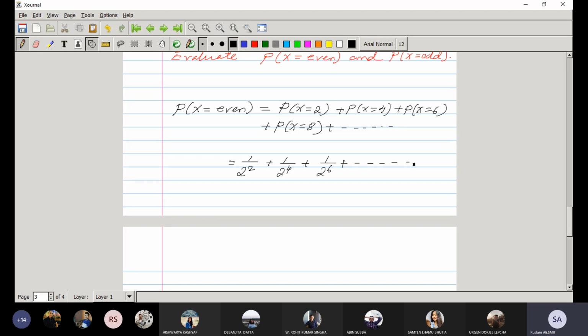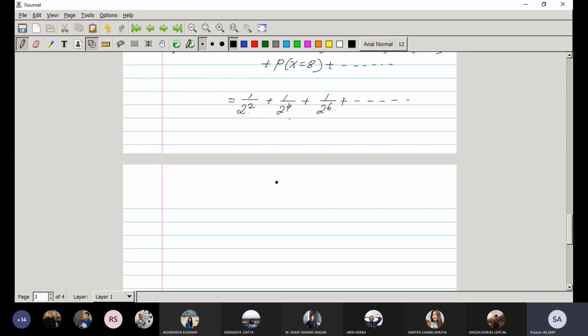Now see, the first term is 1 by 2 squared, then 1 by 2 to the power 4, 1 by 2 to the power 6. If we divide this term by the previous term, what will be the ratio? 1 by 2 squared. So this is a geometric series with common ratio 1 by 2 squared.